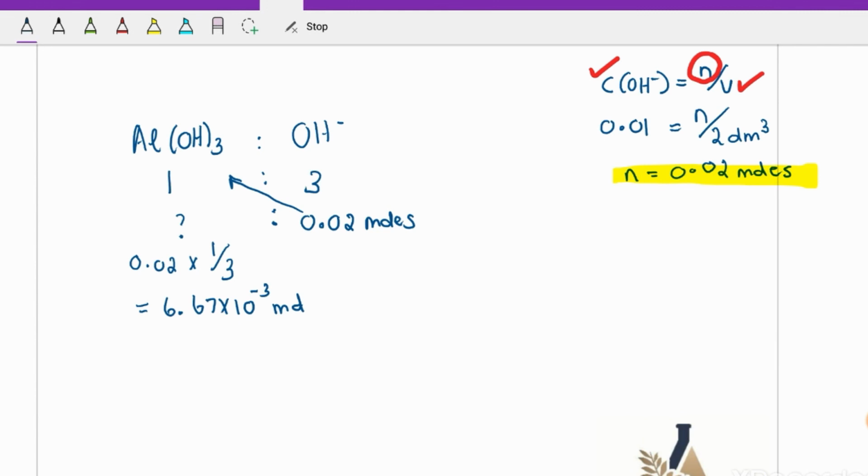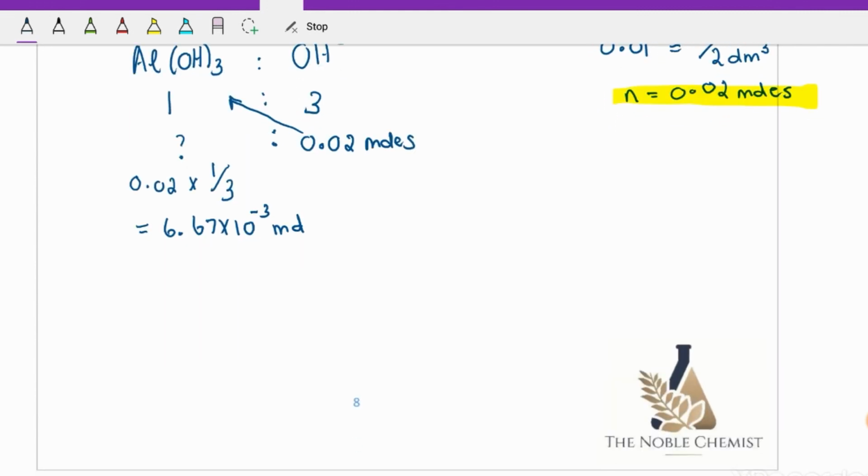So now you have the moles of your aluminium hydroxide. And if you have the moles, you can go and calculate your mass by using this equation, mole equals mass over molar mass. We want to now calculate the mass. We have the moles, and the molar mass you can get from the periodic table.